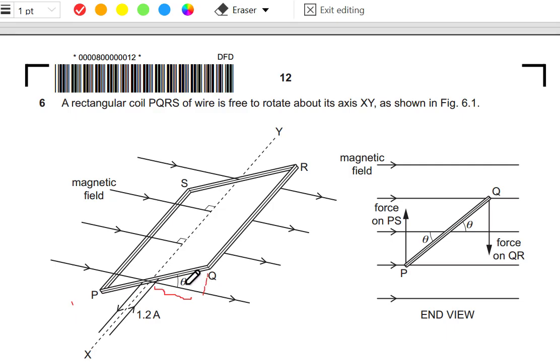Certainly from theta. Cosine theta is the neighbor, which is the perpendicular distance that we want to use in the formula, over the hypotenuse, which is BQ over 2.